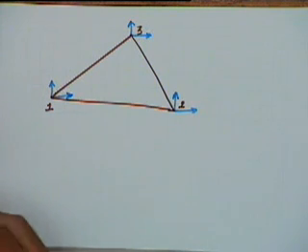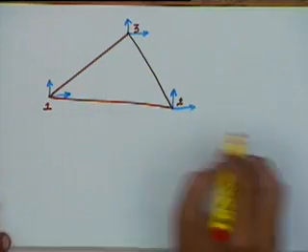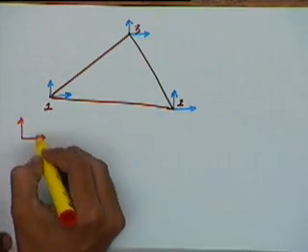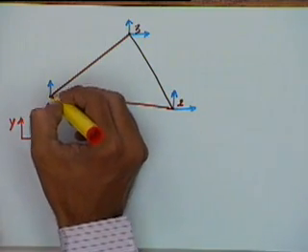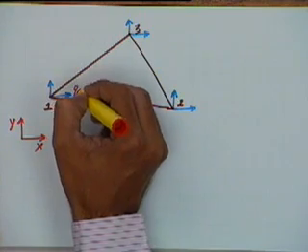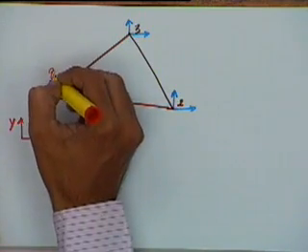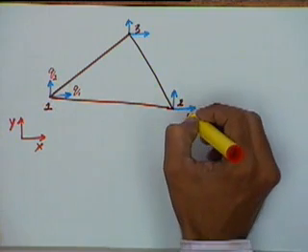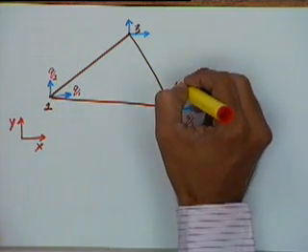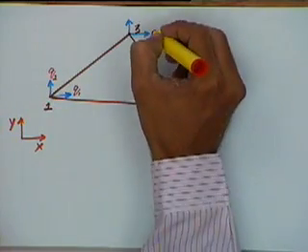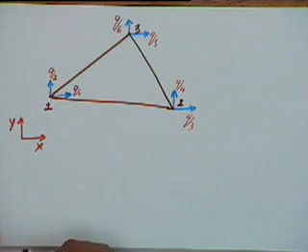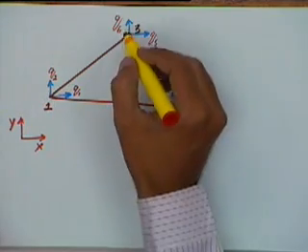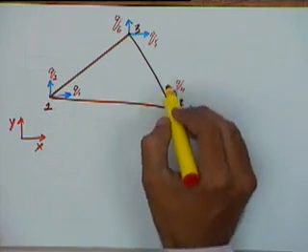Okay, let us say we have some xy system, that is a coordinate system, the origin, this is x direction and this I am saying is the y direction. Now this is the deformation in the x direction, maybe we will call that q1, this maybe we will call that q2, similarly this maybe it will be q3, this will be q4, this is q5 and this is q6. Okay, so you have 3 nodes, and at each node we have deformations both in the x and the y direction.